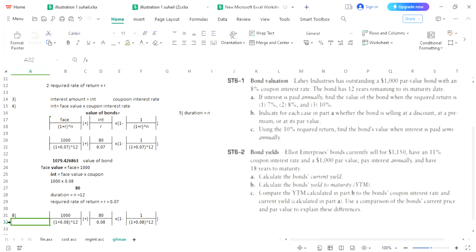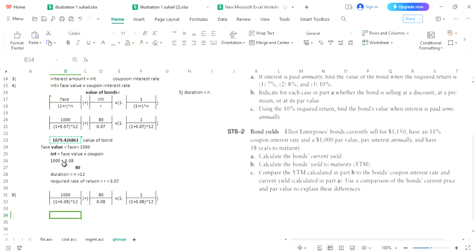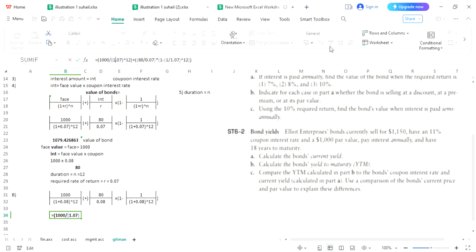And now again I have calculated the values, and I will use the same values over here but with a twist. Here you will change your rate. Wherever you have used 7%, just change it with 8%. In the first part we have changed 7% with 8, in the second part we have changed 7% with 8, and in the third part we have changed it to 8%. So in this way you have got your value for the B part.